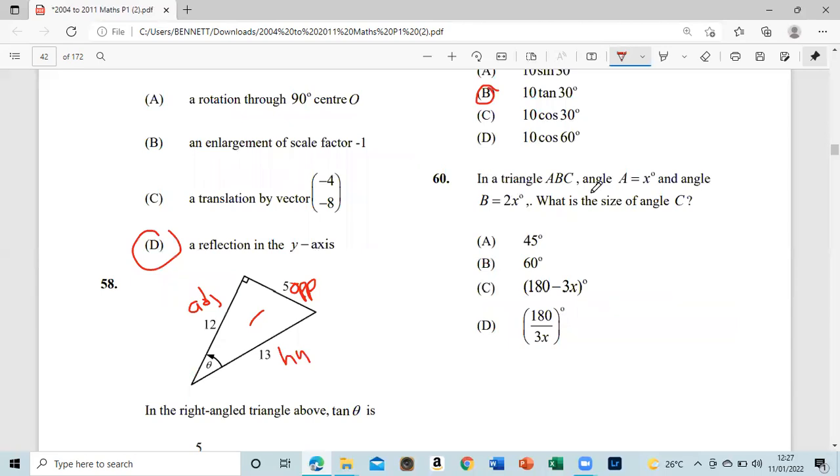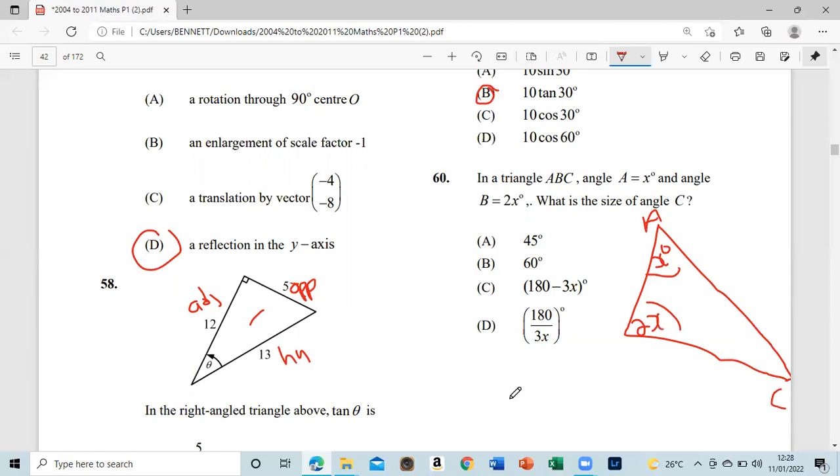In a triangle ABC, angle A is x degrees. I'm just drawing one triangle. Sometimes it's easiest for you to draw it. So that's x, the angle A. And then it goes on to say B is 2x. What is the size of angle C?